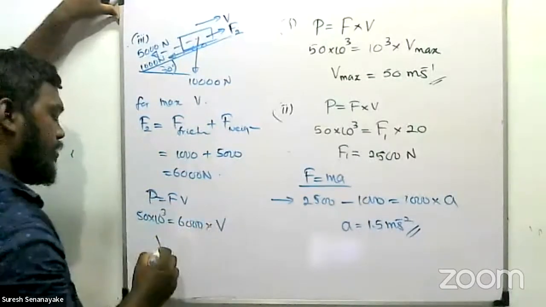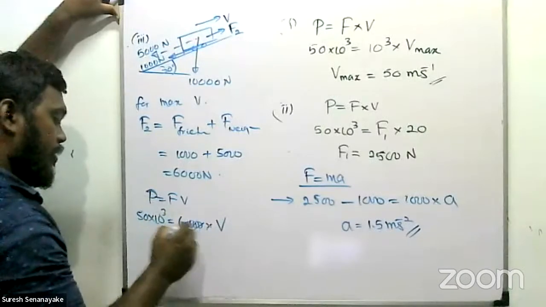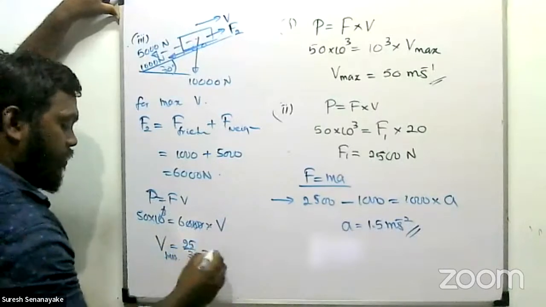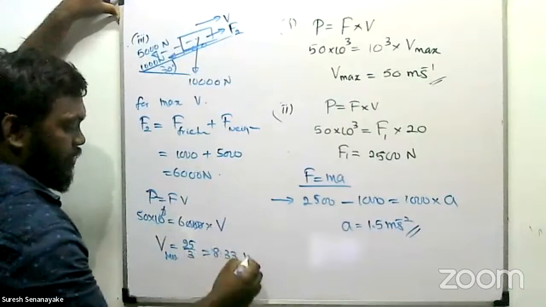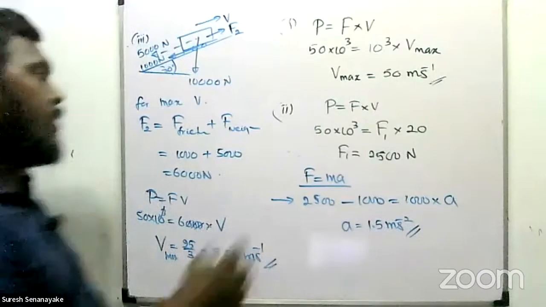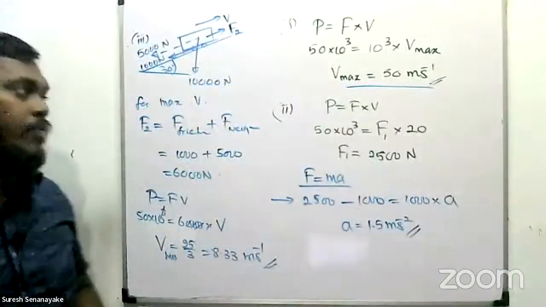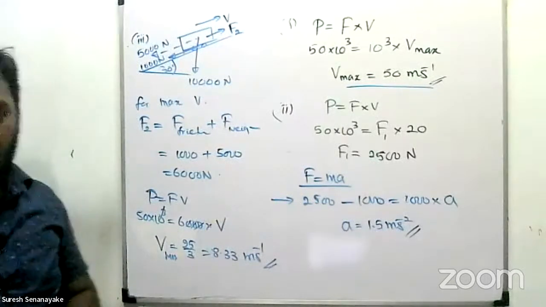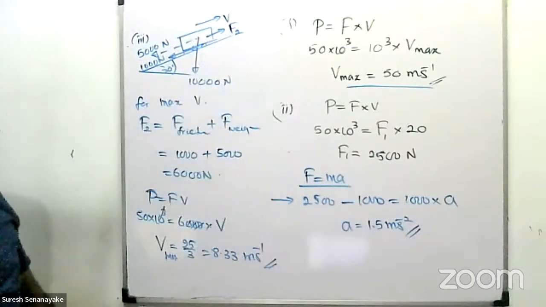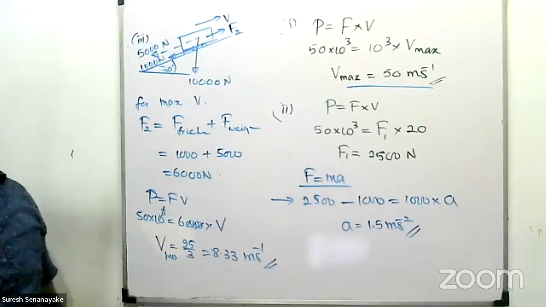The velocity you can write, and that gives maximum velocity 25 over 3, that's 8.33 meters per second. So when it is moving on a level road, horizontal, it can move with 50 meters per second maximum speed. But when it's moving along the incline, at 30 degrees, its maximum velocity is limited to 8.33.